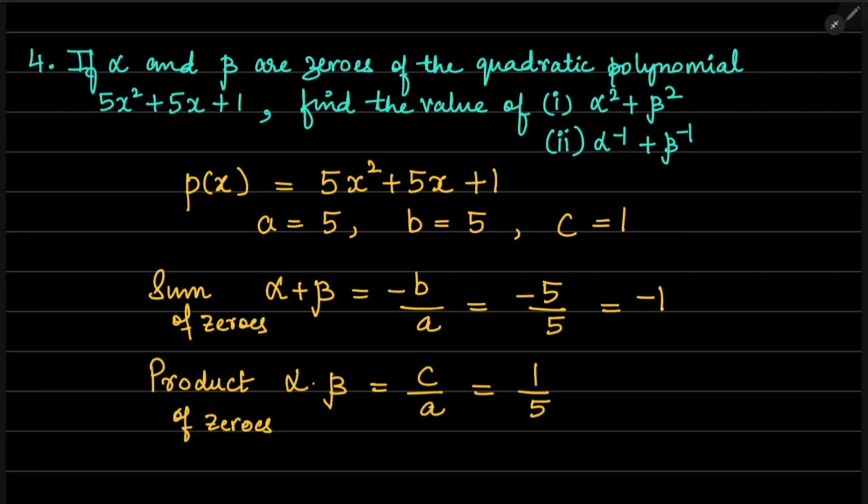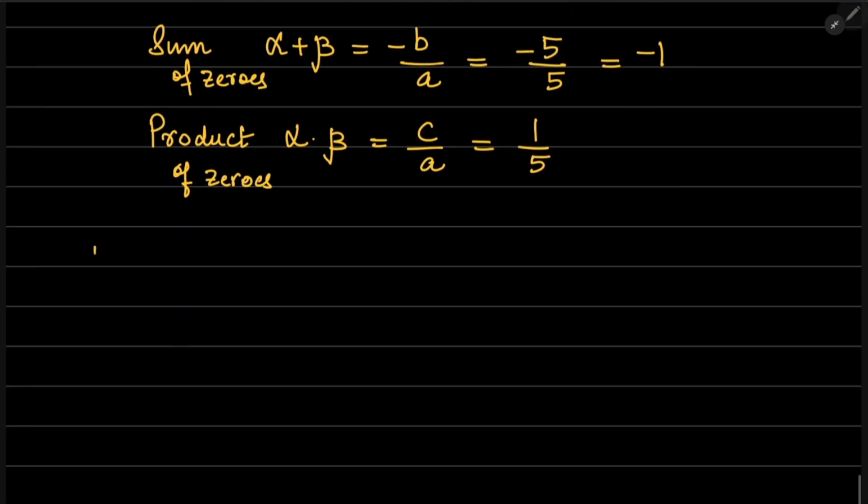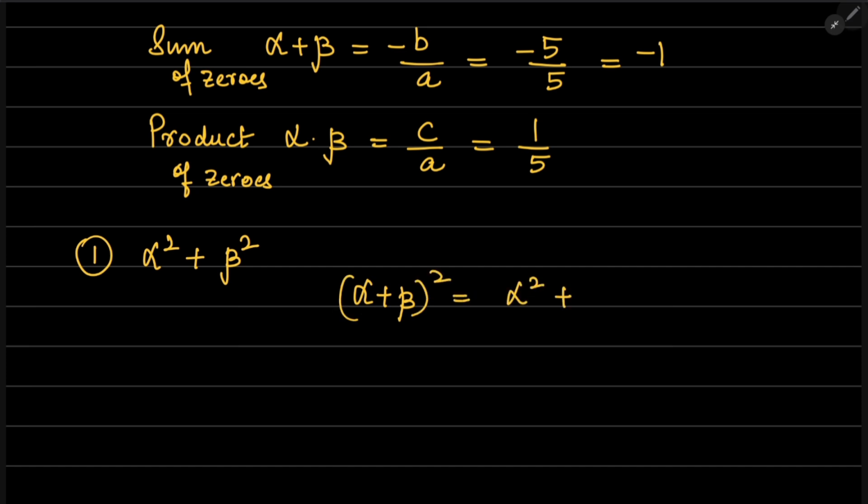Using this relationship and the values of alpha plus beta and alpha beta, let's find the first one, alpha square plus beta square. Now you should know an identity: alpha plus beta the whole square is equal to alpha square plus beta square plus 2 alpha beta.